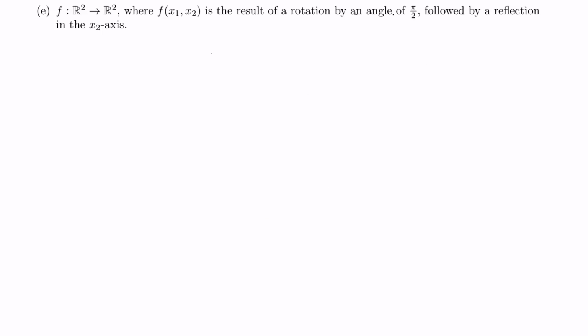All right, looking at our next example, again we're going from R2 to R2, and what we want to do this time is a rotation by an angle of pi over 2, followed by a reflection in the x2 axis. So let's first create our matrix to represent a rotation of pi over 2.